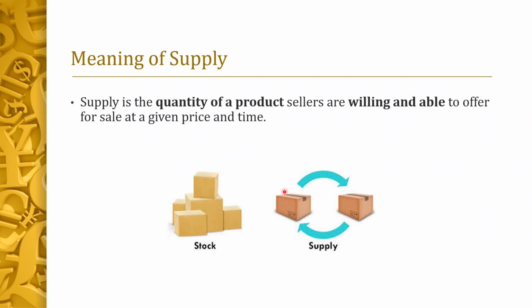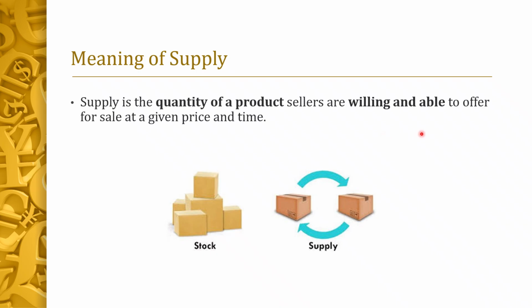Here you also need to understand the difference between stock and supply. Stock is something that remains with the producer all the time, that they have to maintain in order to meet up the demand. But supply is when this stock is actually in transit and goes to the vendor, right? So coming back again to the definition, supply is the quantity of a product that sellers are willing and able to offer.